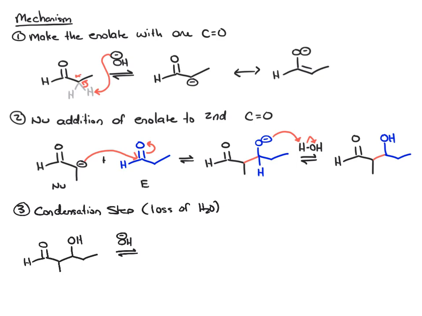And remember that our net result, if I draw in the hydrogen here, is that we're losing this hydrogen and this OH. So the way that this works is the base, just like we did in the very first step, the base will deprotonate that alpha proton and form an enolate structure.